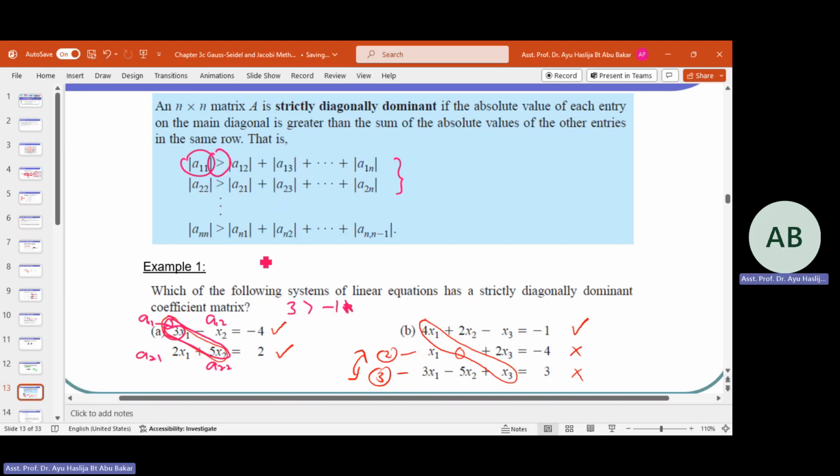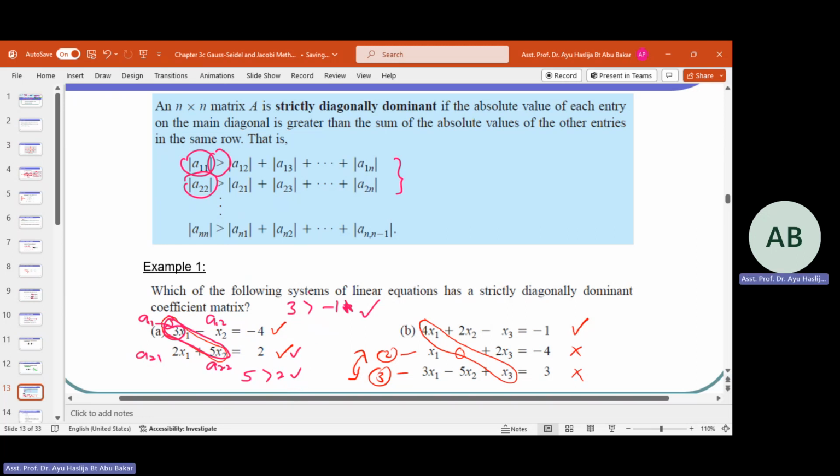This is the rule, and it is larger, so it meets the rules. Then check A22: is 5 larger than A21, which is 2, plus A23? There's no A23 here, so 5 is larger than 2, so it meets the rule.